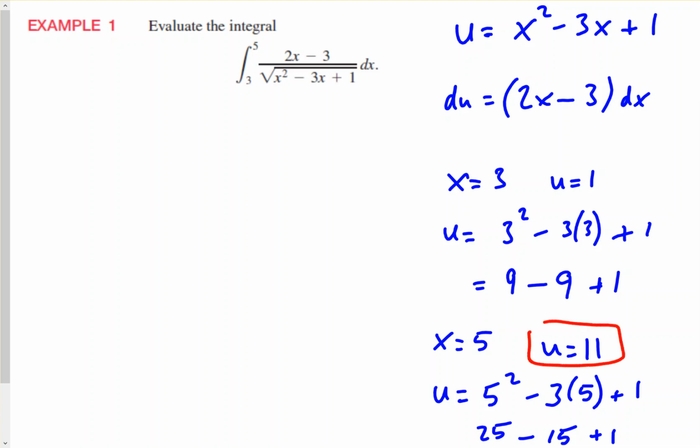Okay, so now we have our new limits of integration based on u. Okay, so we have our integral. We have from 1 to 11, and we have square root of u, and then we have du.